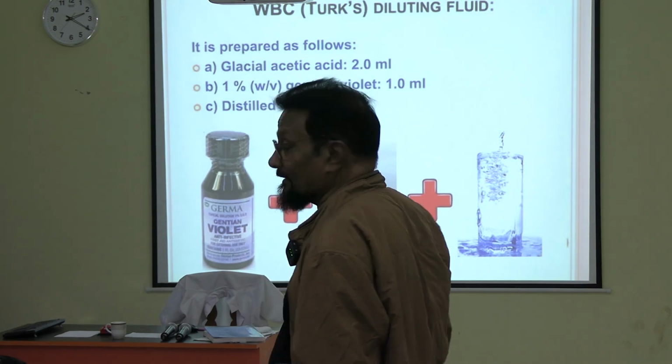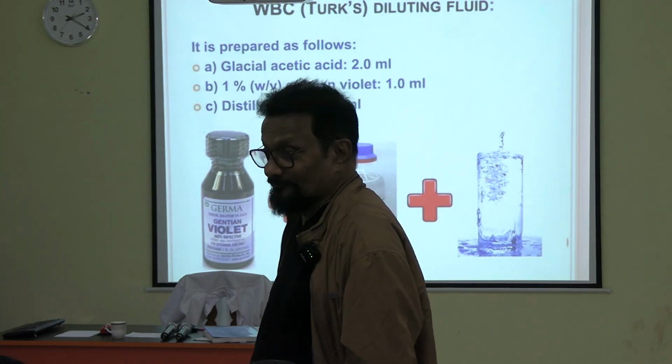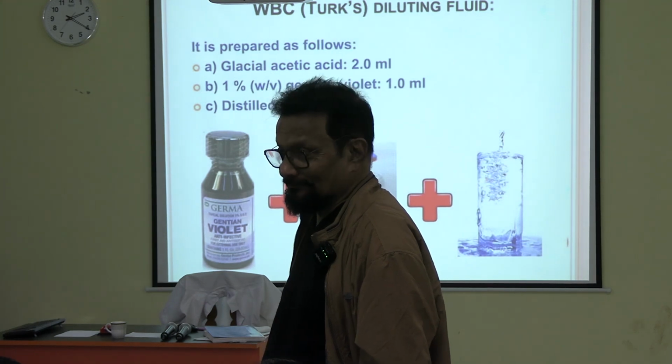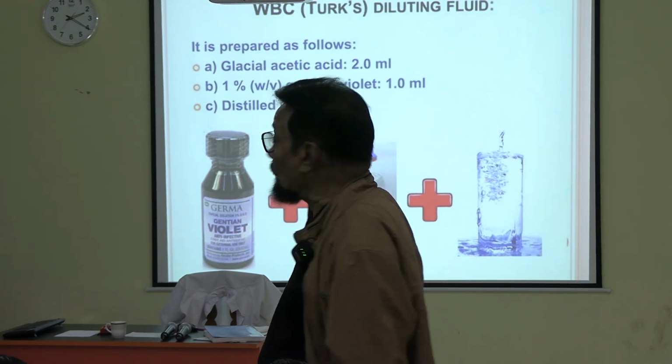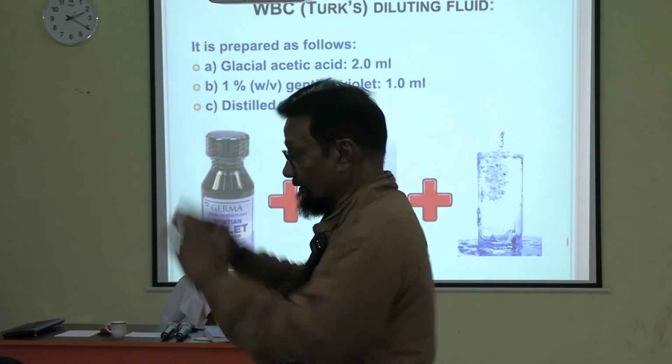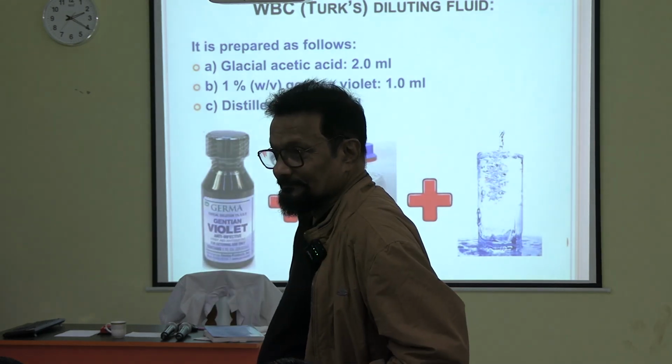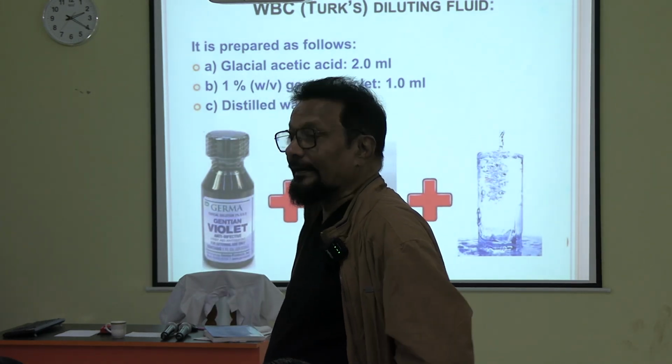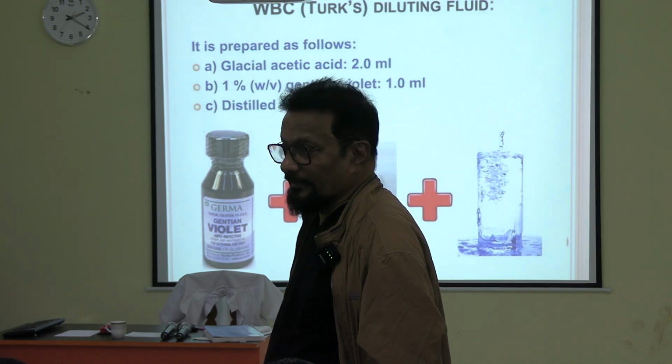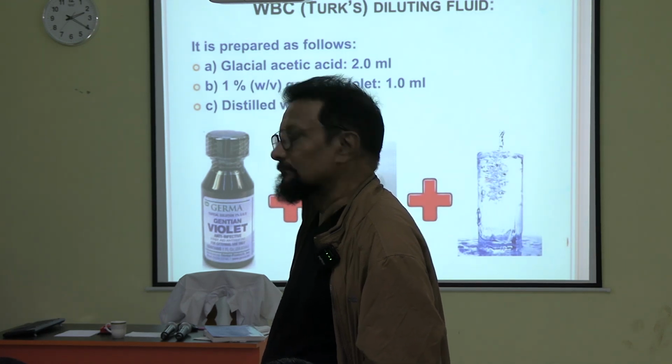Suppose the gentian violet is not in solid form but in liquid form. Then what would be written within the bracket? Volume by volume. In that case, how much will you take? 1 ml. Good.